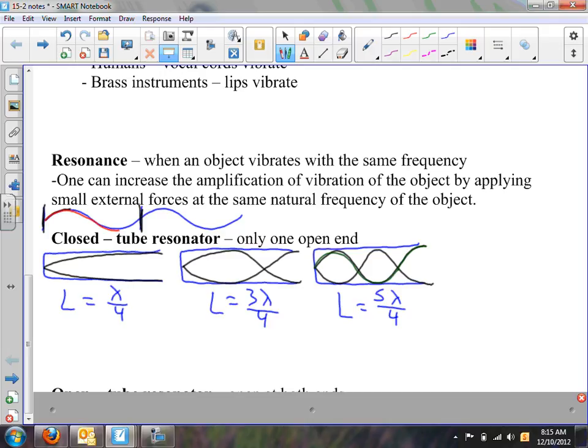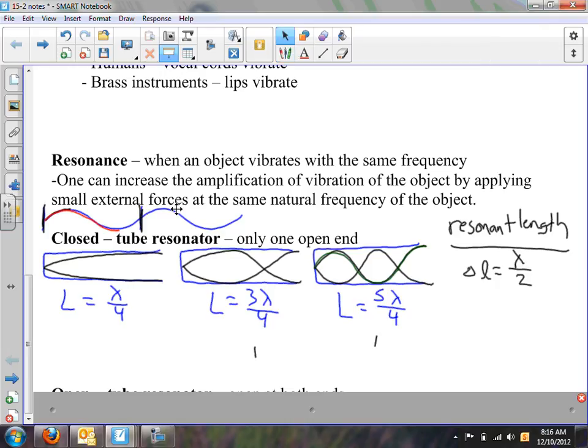Interesting enough, the difference between each of these resonant lengths is how much of a wavelength. The change in length of these tubes, in order to get a spot to resonate, whether you're going from 3/4 to 1/4 is a half a wavelength, or from 5/4 to 3/4, that's also 2/4, or 1/2 of a wavelength.